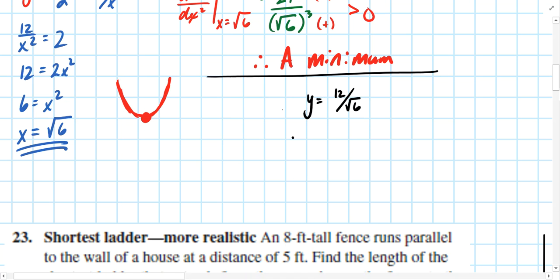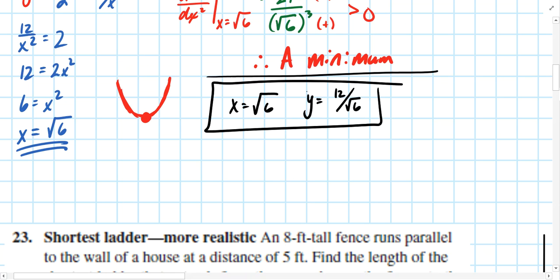So we'll call x equal to the square root of 6, and y equals 12 divided by the square root of 6. And those are our two positive numbers that satisfy the equation x times y equals 12, and the sum of two x's plus one y is as low or as small as possible.